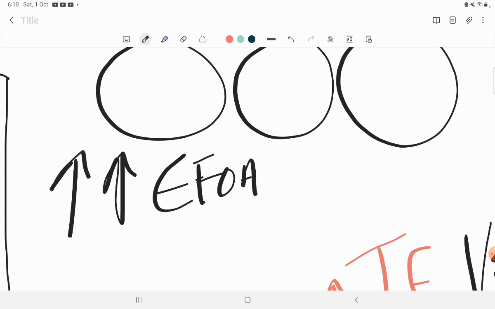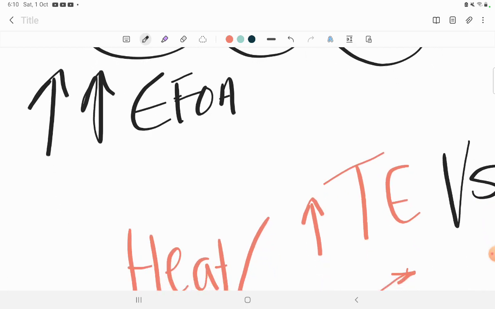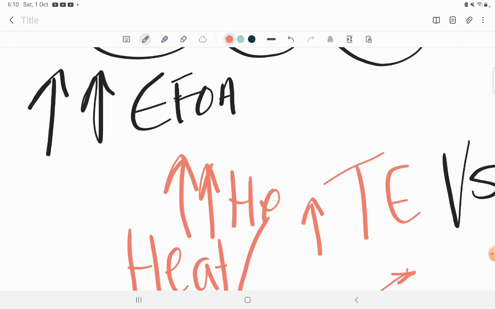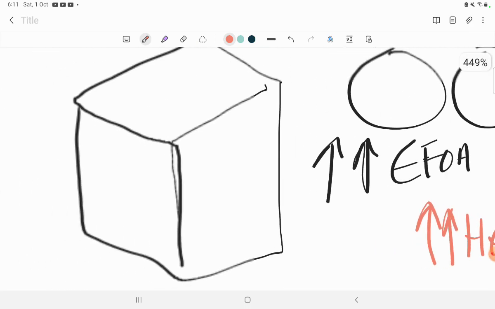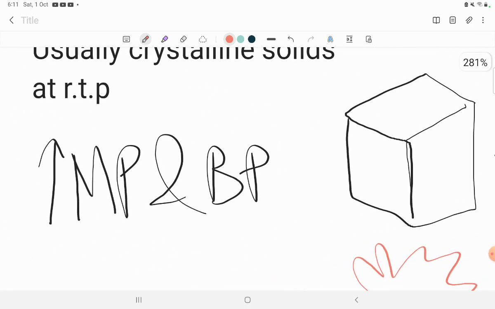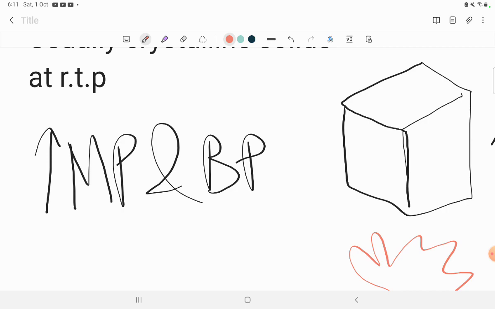So to weaken this EFOA, what we need is a very large amount of heat, or TE. Heat slash TE. We need even larger amounts of heat slash thermal energy. So therefore, it has a high melting and boiling point. You get what I mean?